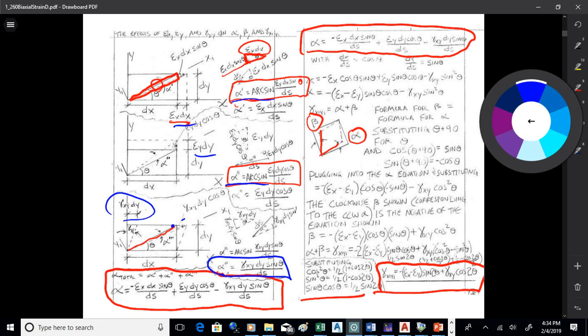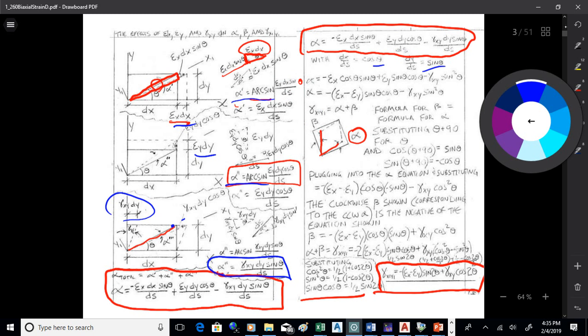We add them up. And then again, we use dx over ds as cosine theta, dy over ds as sine theta. We do some substitutions, and we come up with a formula that will tell us how that diagonal line from one corner to the opposite corner would rotate after you apply an epsilon x, an epsilon y, and a gamma xy.